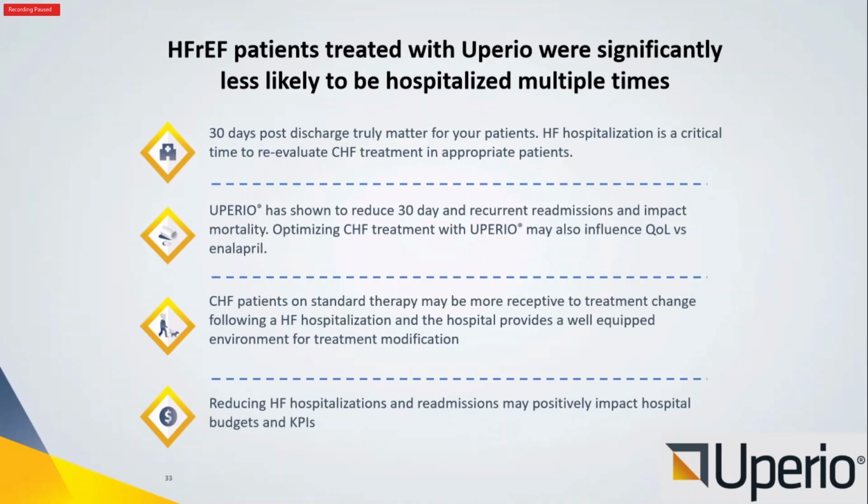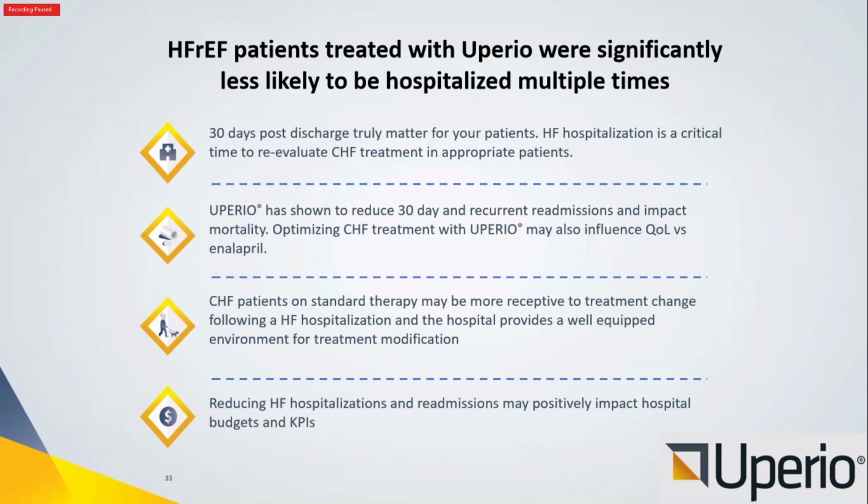In the US and other places where physician KPIs are measured, your readmissions usually are a major factor that will say whether you have reimbursement, because if you are readmitting a particular patient, it means you are not really doing too well. Congestive heart failure patients on standard therapy may be more receptive to treatment change following a heart failure hospitalization, and the hospital provides a well-equipped environment for treatment modification.